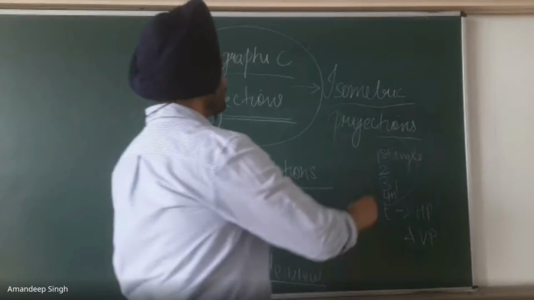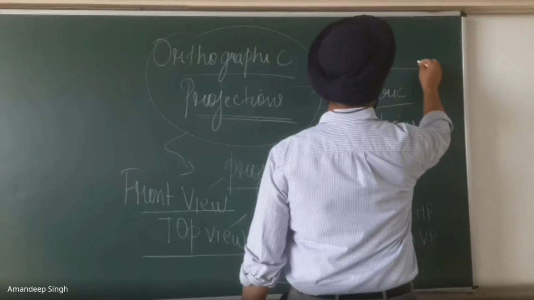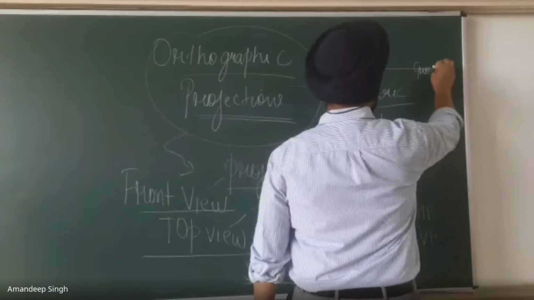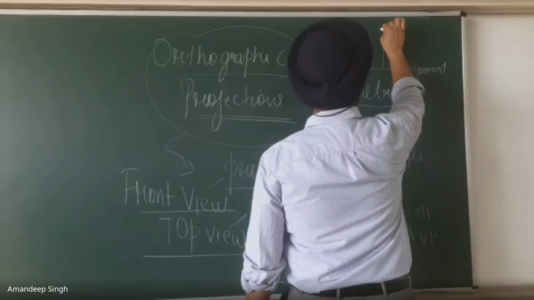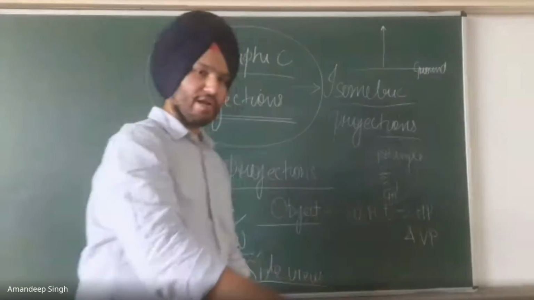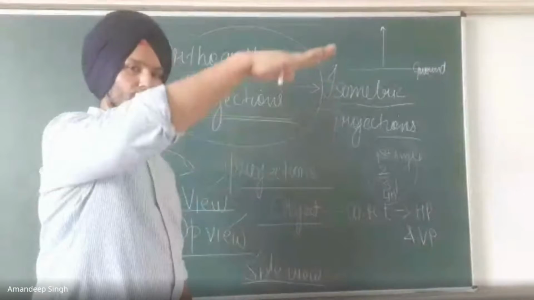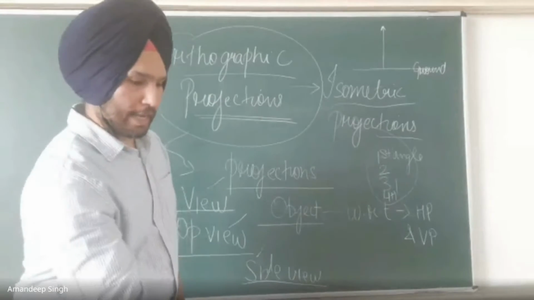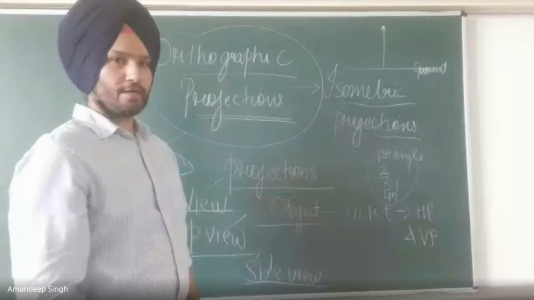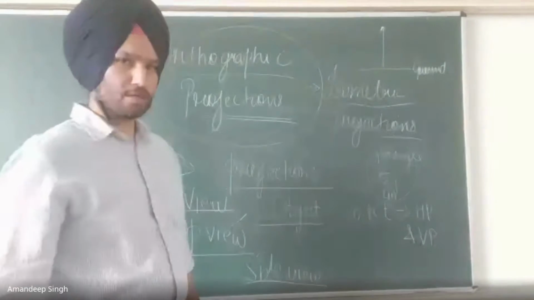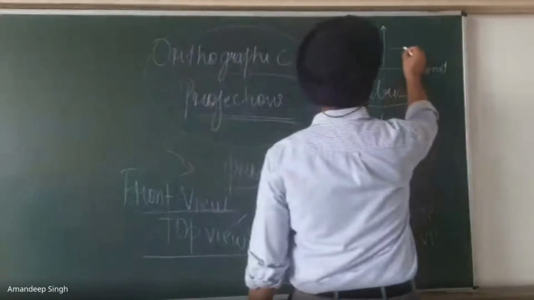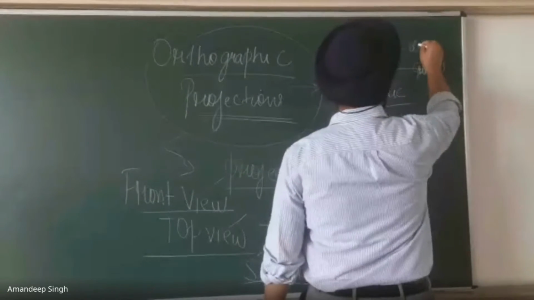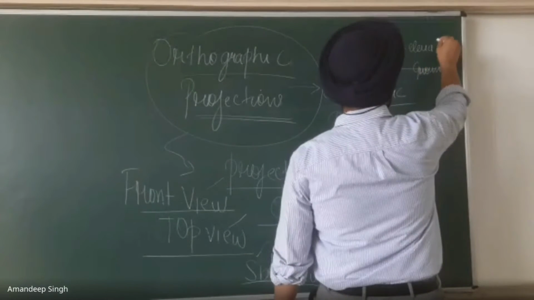Elevation is, if this is the ground level, you have taken some height above the ground. You have raised this object to a level above the ground. I have elevated this object at some level, at some height above the ground. This is why the word elevation has come.